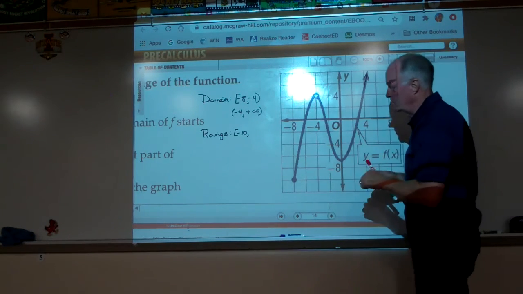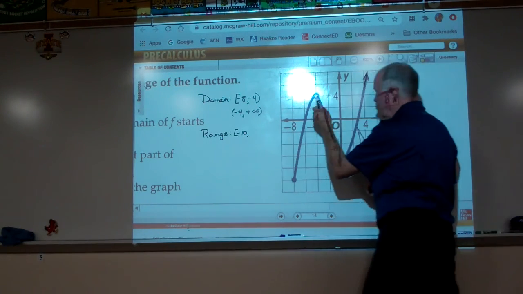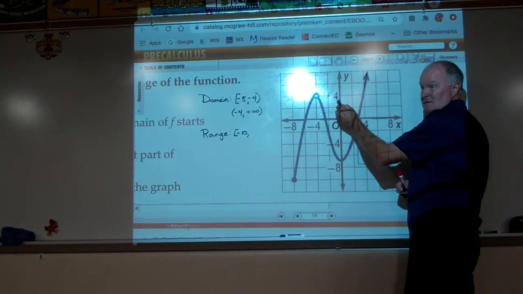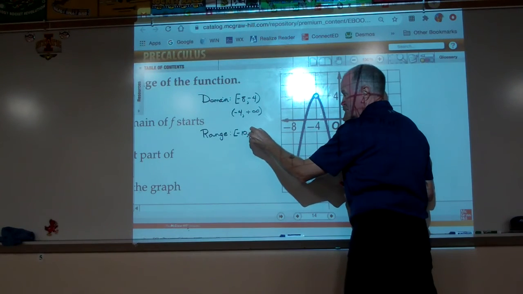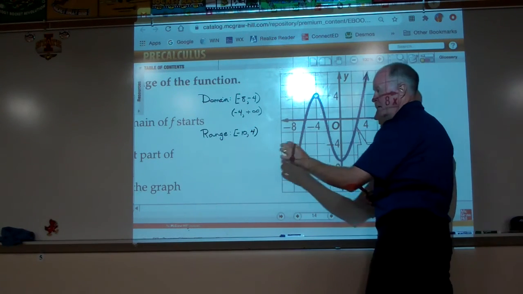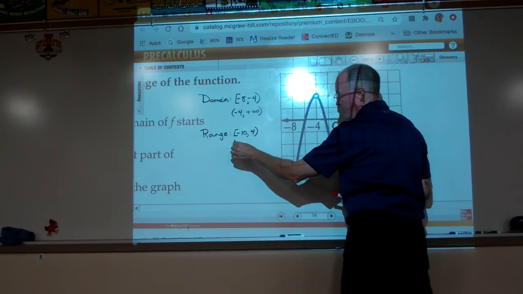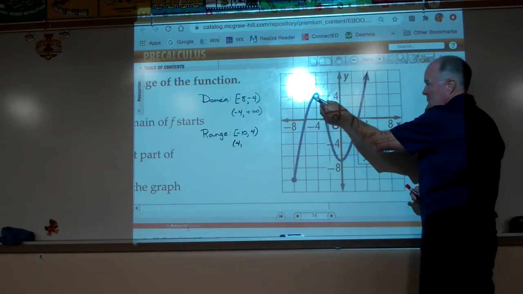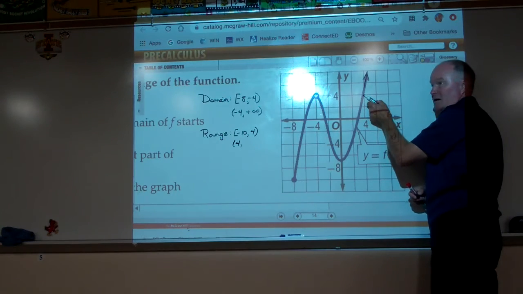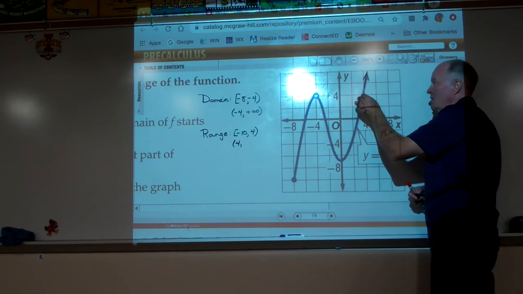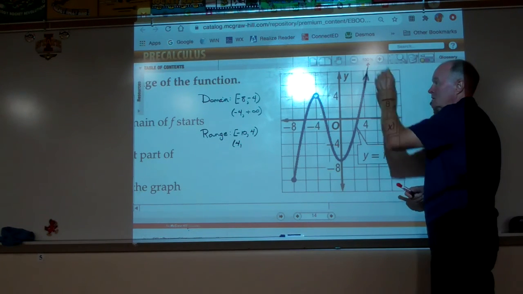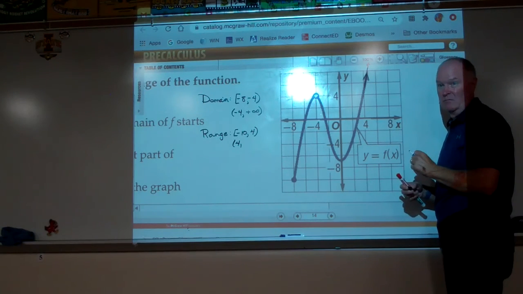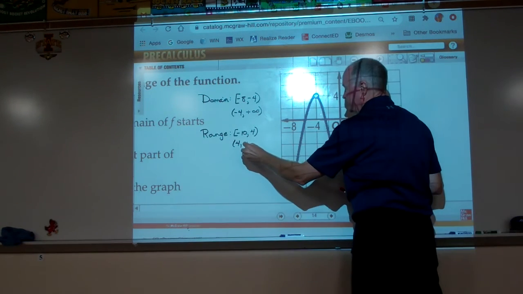So I probably, and that's at 4. So I put it up there, and then it also then picks up again at 4 and goes all the way. Doesn't go any higher there, but over here it does, doesn't it? Goes all the way up to infinity.